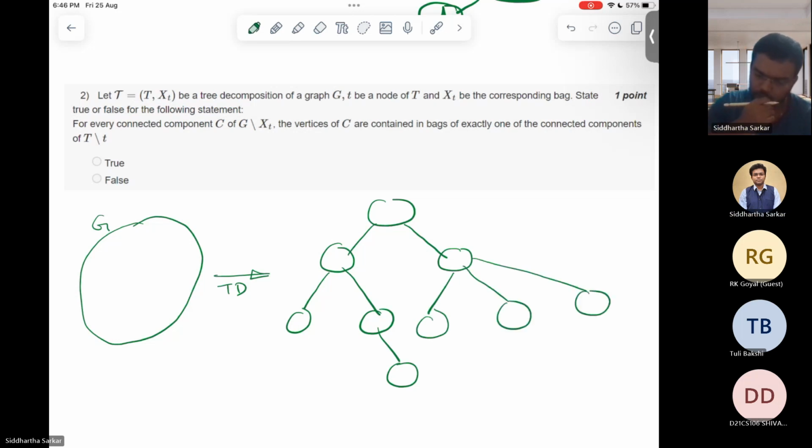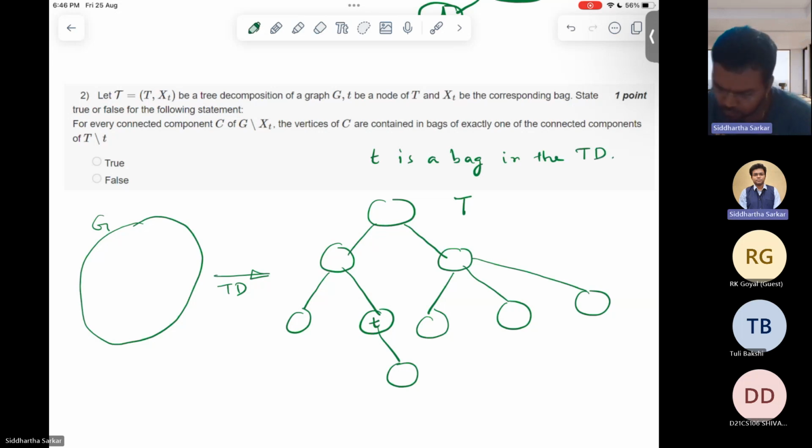The question says you have this graph and tree decomposition pair. Let T be a node in the tree decomposition. So capital T is the tree decomposition, G is the graph, and you identify a node T, which is a bag in the tree decomposition.